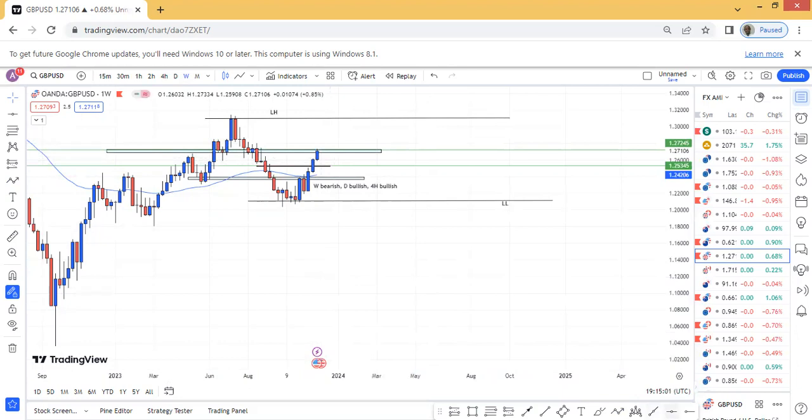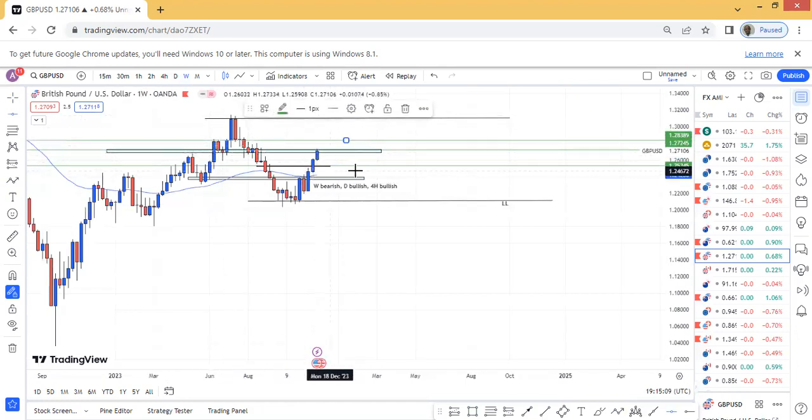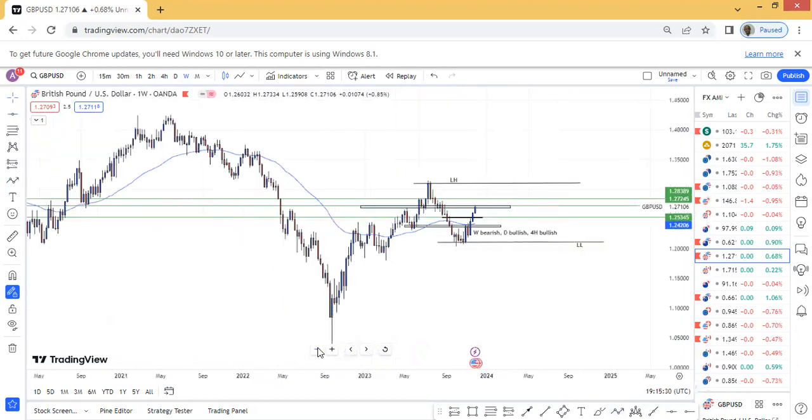So I'm expecting that price may break out of this zone and test this region. I'm looking for price to do something like this: push up to this level and break down, retest this zone and drop. That is what I will be anticipating. But until then, I'm not going to do anything.